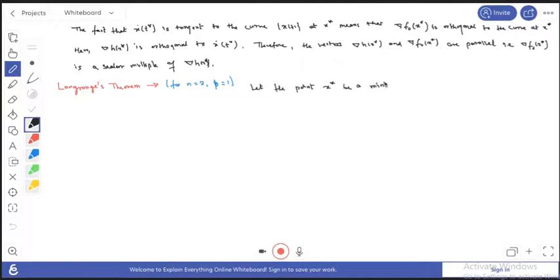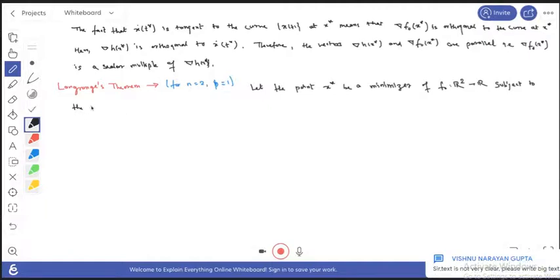This is a problem of minimization of an objective function from R2 to R, subject to the constraints h of x equals 0.